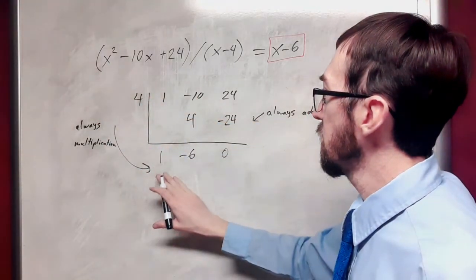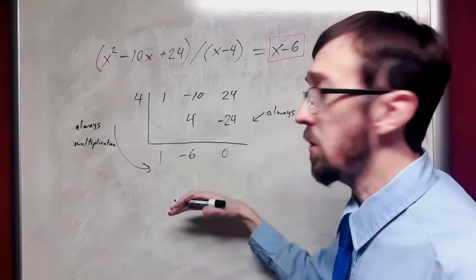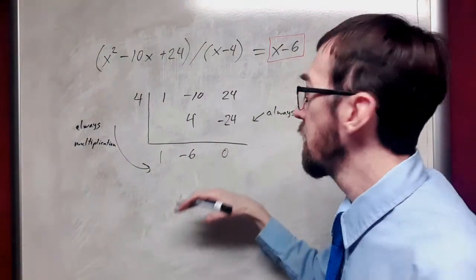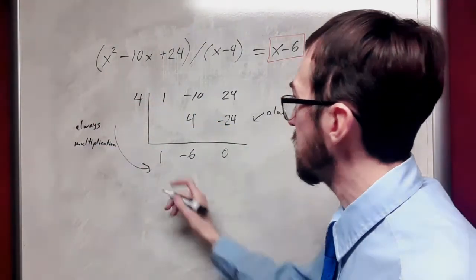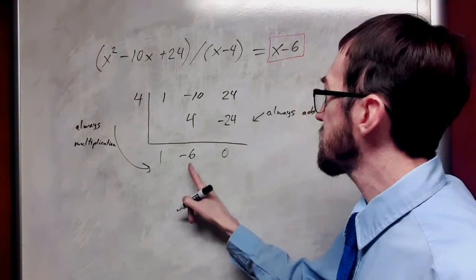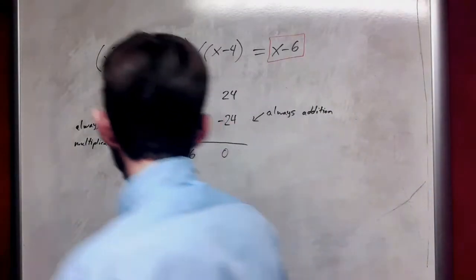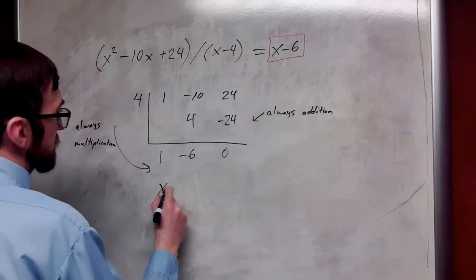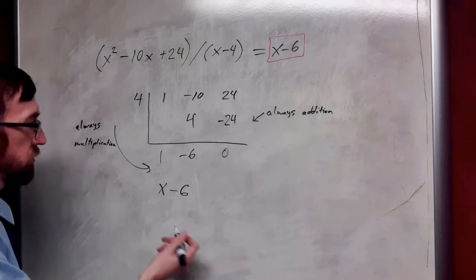Our result, our quotient, also called the depressed polynomial, will start with a power 1 less, so x to the first power. This is the coefficient of x to the first power. This is the coefficient of x to the 0 power. So we have x minus 6 as the result.